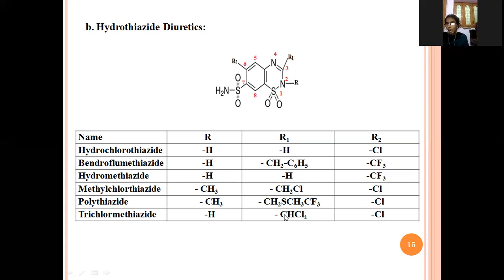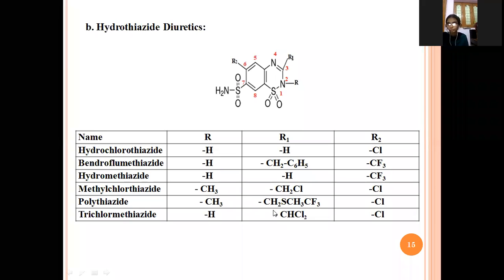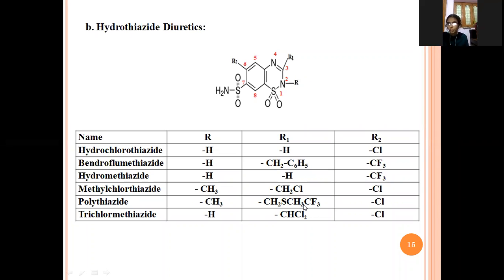In R1 position, trifluoroethyl sulfonyl is attached. In R2 position, the chlorine atom is attached.